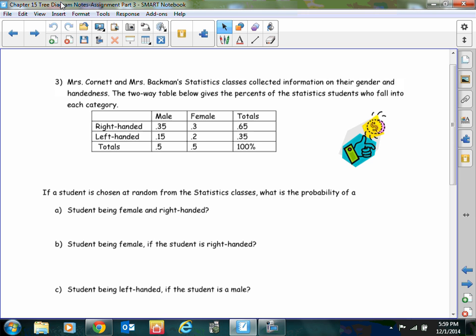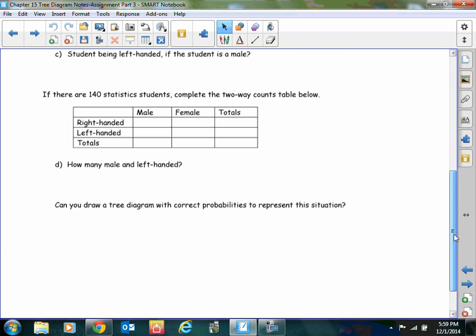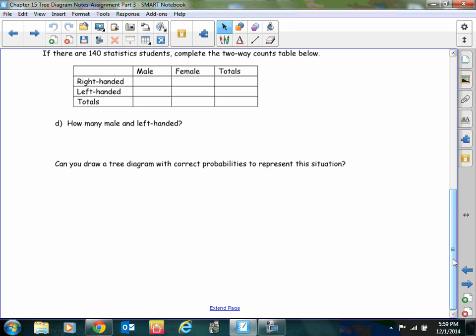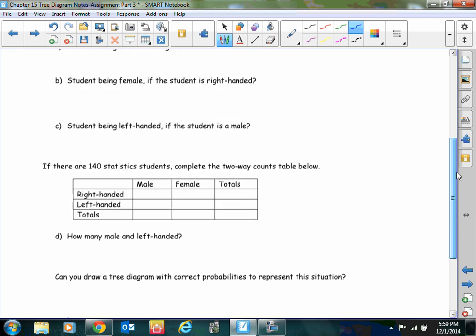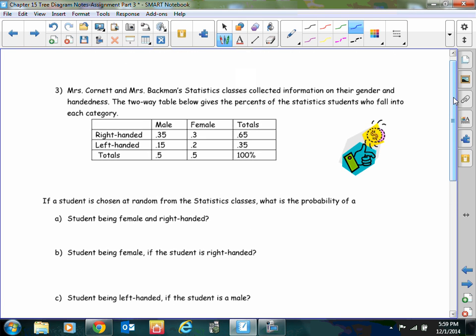Now, I want to take a look at the tree diagram for number 3 and then let you practice that for number 4. So, the issue with the tree diagram is, first of all, how do you know which ones to start? It starts with statistics students, and because it did not give me paragraph information about if this then that, I just went ahead and started with the right and the left.